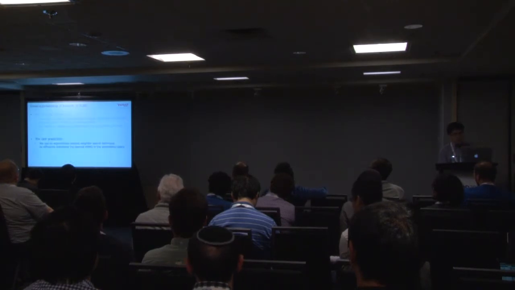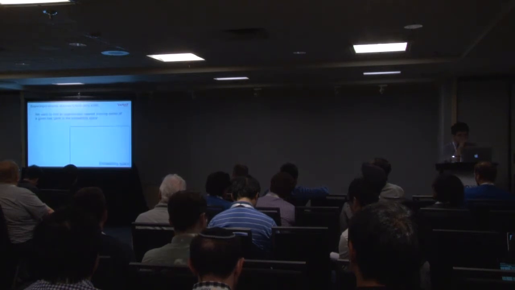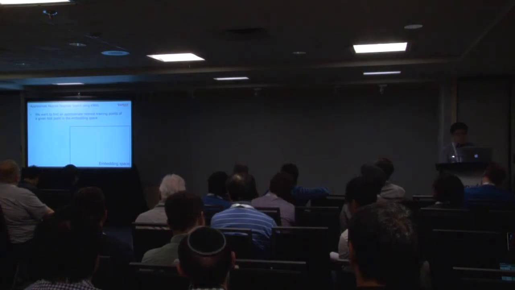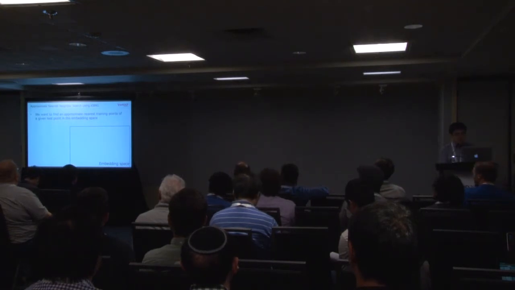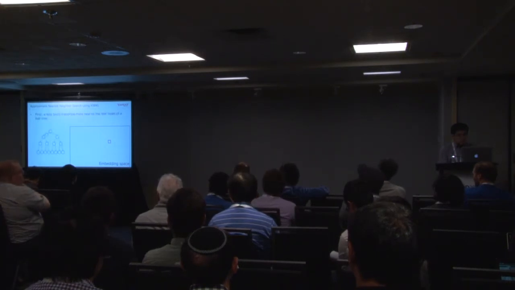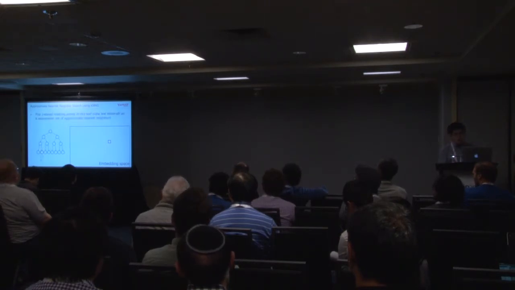Lastly, we present an approximate nearest neighbor search technique by using graph structure for fast prediction. For prediction of AnnexML, we want to efficiently find nearest training points in the embedding space. First, a test point traverses a tree. Then, the indexed points are obtained as reasonable approximate nearest neighbors.